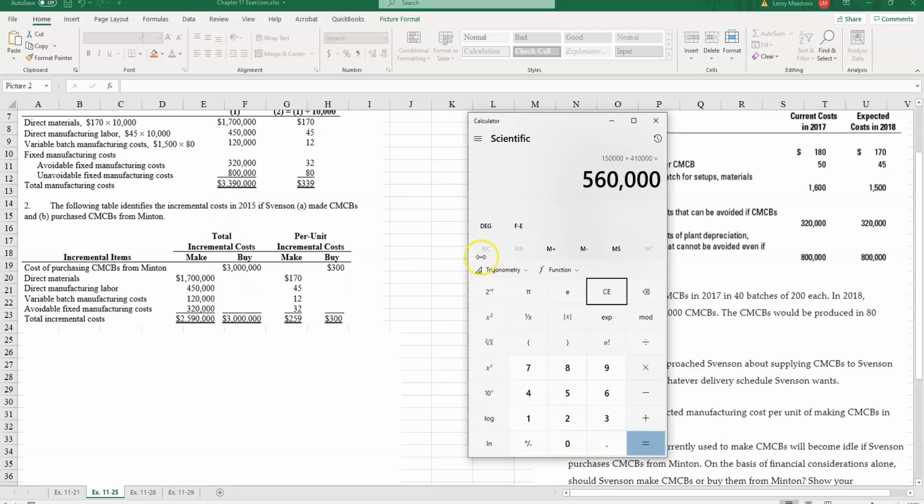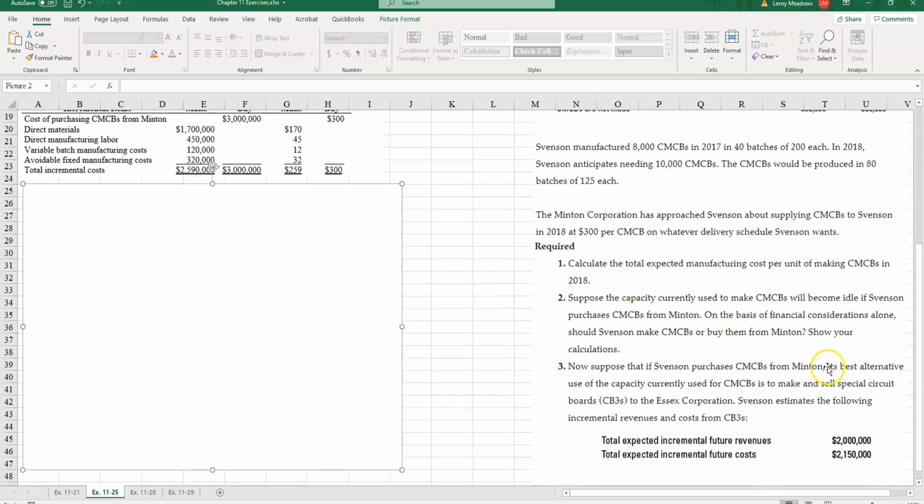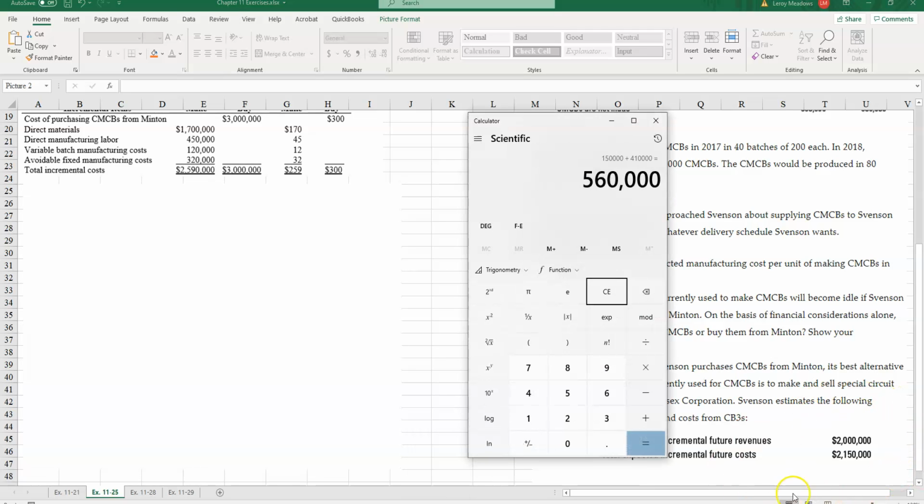So do we want to outsource this to begin with? No. Now just for an example, let's say that expected revenues were to be $3 million. As of right now, if revenues are only $2 million and it's going to cost me $2,150,000, then no, I don't want to do that because I'm losing even more money. But what if my incremental future revenues were $3 million and it's only going to cost me $2,150,000 to generate that?